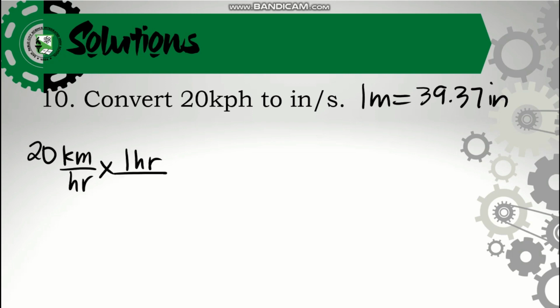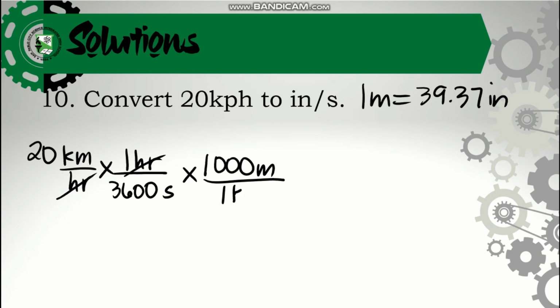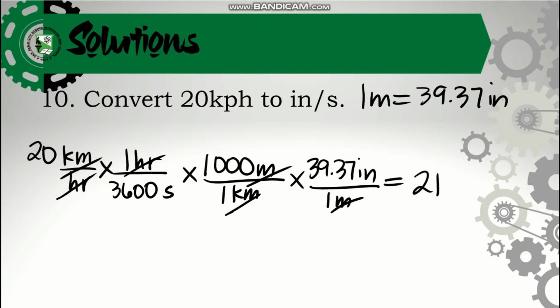Let's convert hour to seconds, which I'm going to multiply 1 hour over 3600 seconds times 1000 meter over 1 kilometer, multiply by our conversion factor, 39.37 inches over 1 meter. Then we're going to cancel out meter. Then we can get the final unit we are looking for, which is 218.72 inches per second.